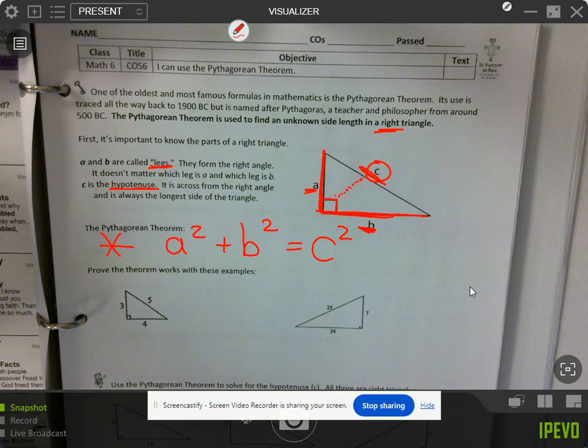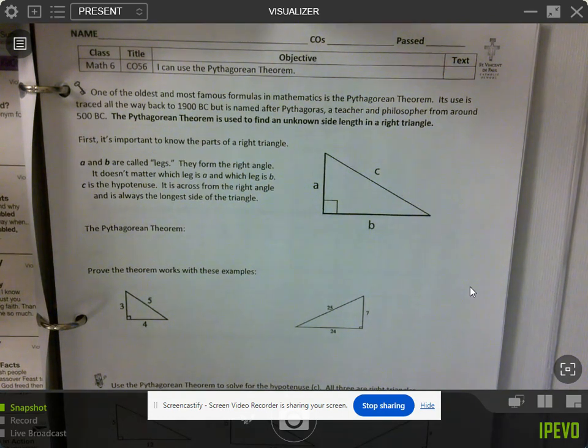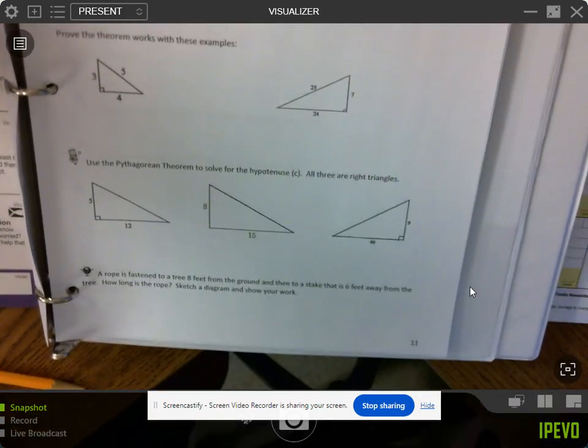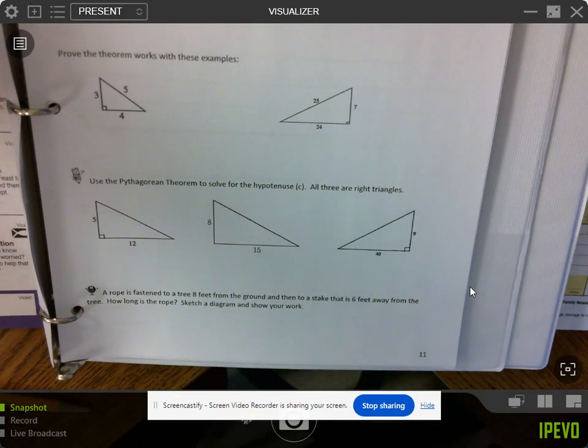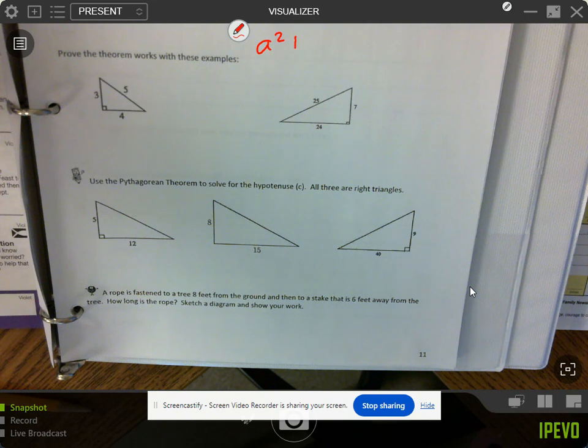So let's see how that works. I'm going to move this up. So we know A squared plus B squared equals C squared.